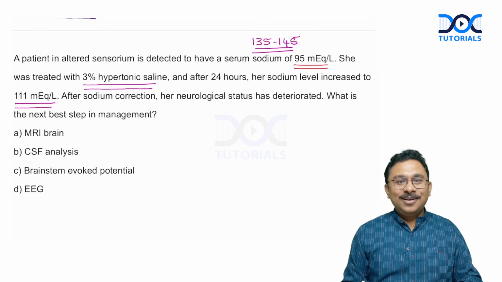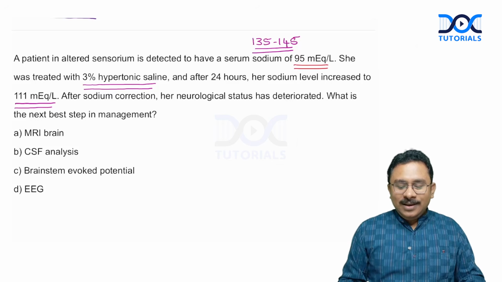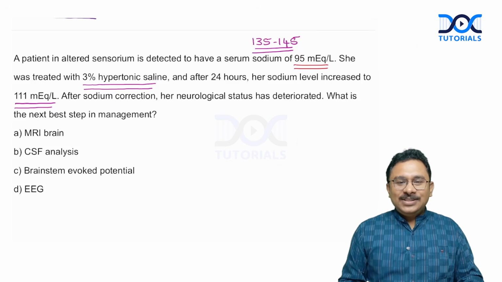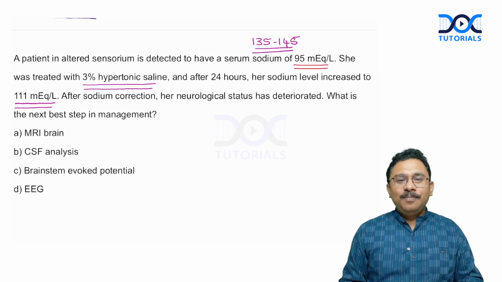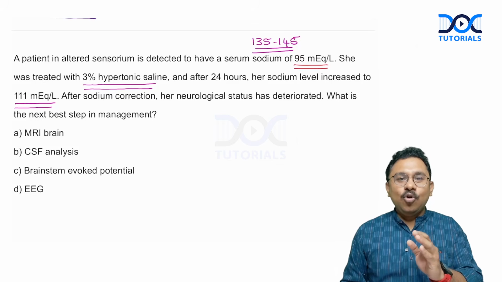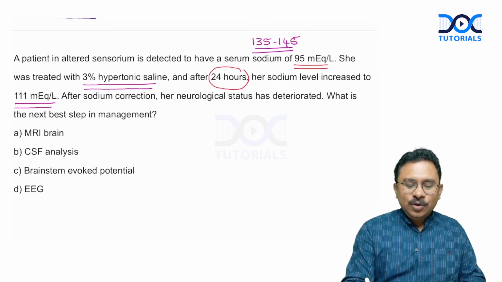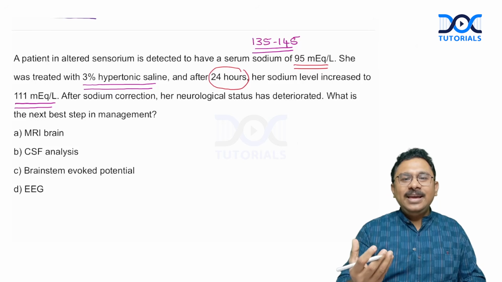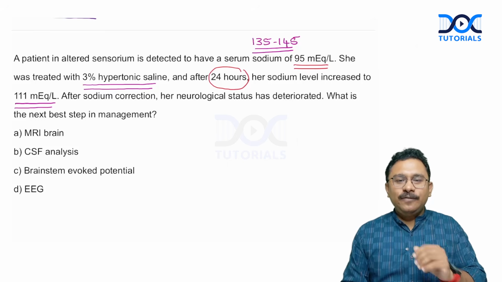What do you think? Good or bad? Well, there is a problem here. I have always told you in my lectures, when you correct hyponatremia, please make sure that you do not overcorrect too rapidly, because over a span of 24 hours, you should not be going beyond 8 to 10 milliequivalents per liter per day.